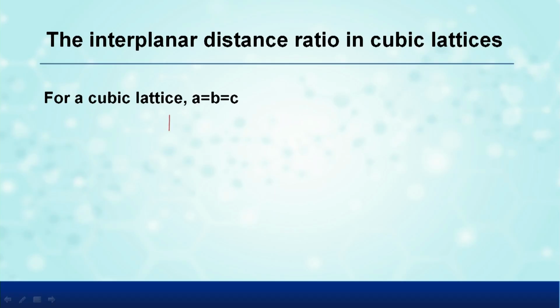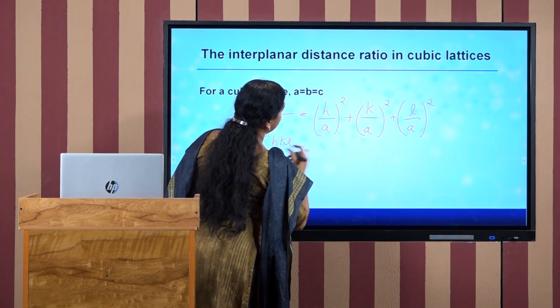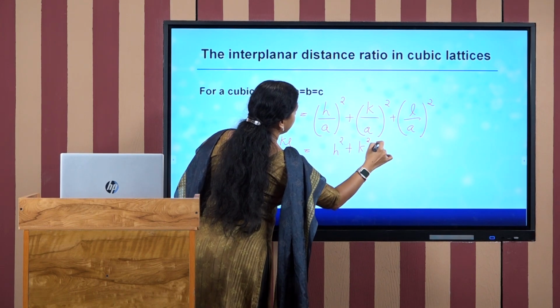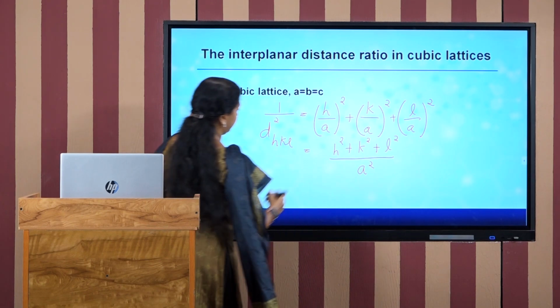That becomes 1 by d hkl square equals h by a the whole square plus k by a the whole square plus l by a the whole square, or that is equal to h square plus k square plus l square by a square.